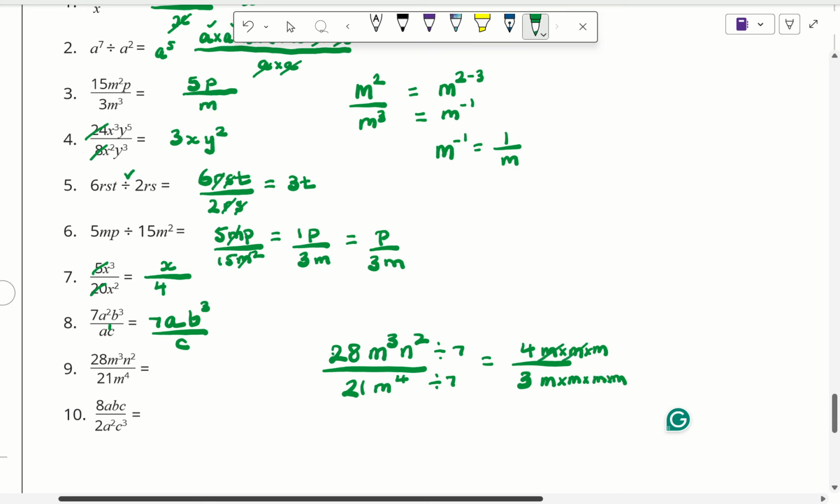Notice that we can cancel out 3 of the m's, so we've just got m left. And don't forget the n squared goes on the top as well. So that's going to be 4n squared over 3m. Now I want you to pause the video, and I'd like you to try number 10 by yourself.